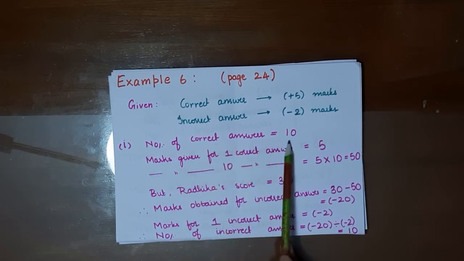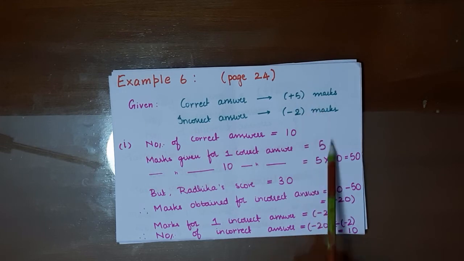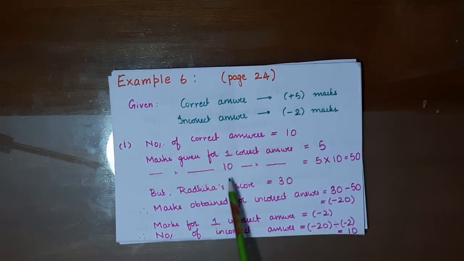Number of correct answers is equal to 10. We know that marks given for one correct answer is equal to 5. So marks given for 10 correct answers is equal to 5 into 10, 50 marks for the correct answers. But what is given is that Radhika's score is 30.